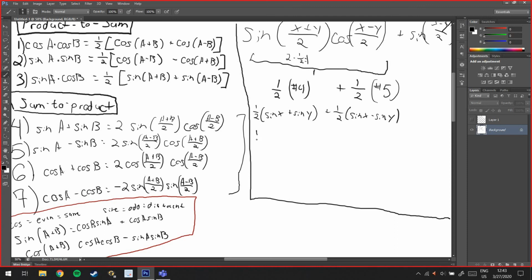So I distribute the half in: half sine of X plus half sine of Y, plus half sine of X, and then minus a half sine of Y. So it just becomes sine of X, because we have a half and a half. And then I have a half minus a half for sine of Y, so that's just plus 0 sine of Y.